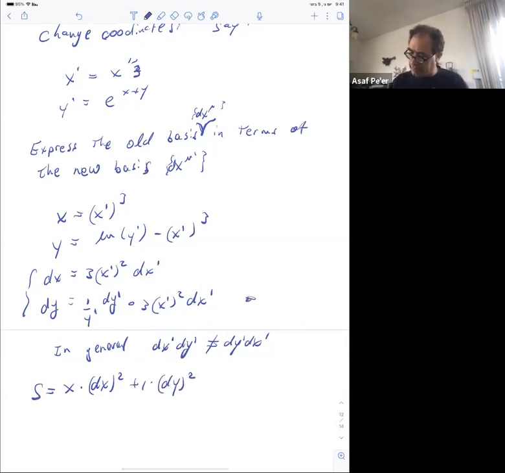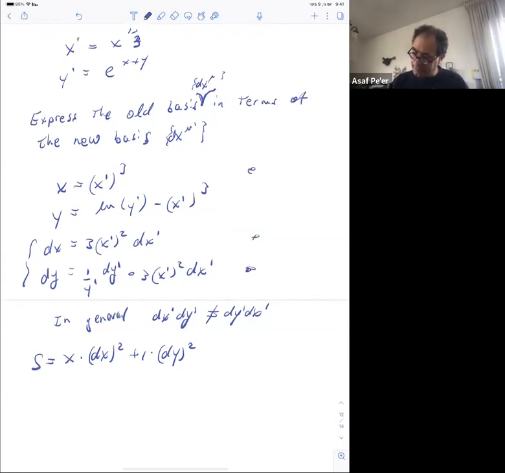So I actually have to open it up. dx squared is just 9 times x prime to the power 4, times dx prime squared.